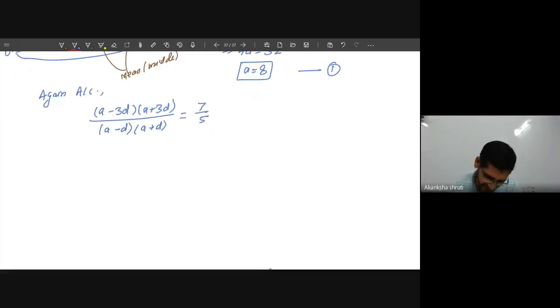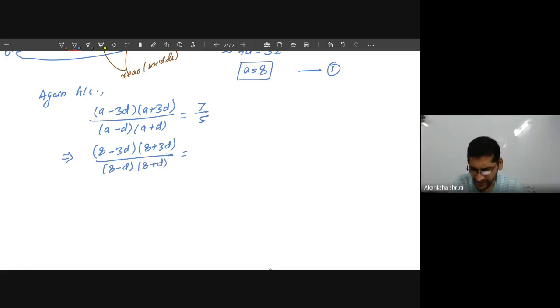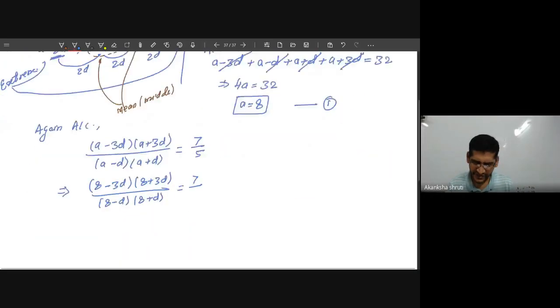Very easy. So substitute the value of A. It is 8 minus 3D and 8 plus 3D by 8 minus D, 8 plus D is equal to 7 by 15.